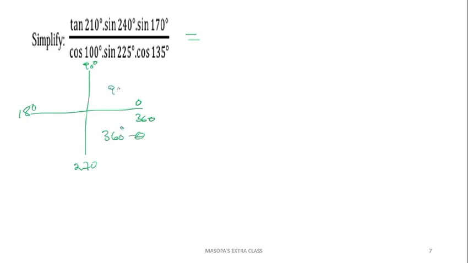Here is 90 minus theta. Here is 360 plus theta, then 180 minus theta, 90 plus theta, and then 180 plus theta. Alright, that is our Cartesian plane. Let me change the color.